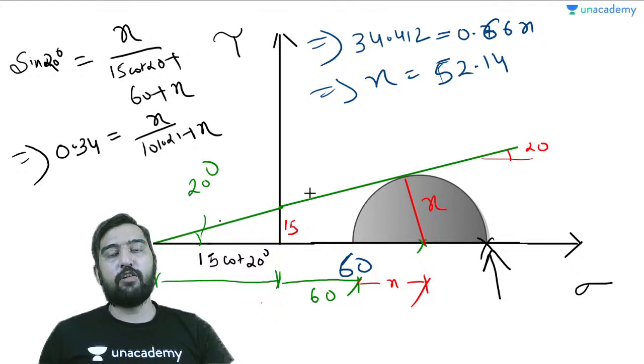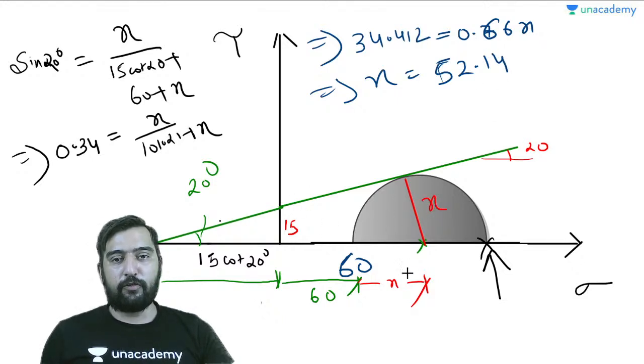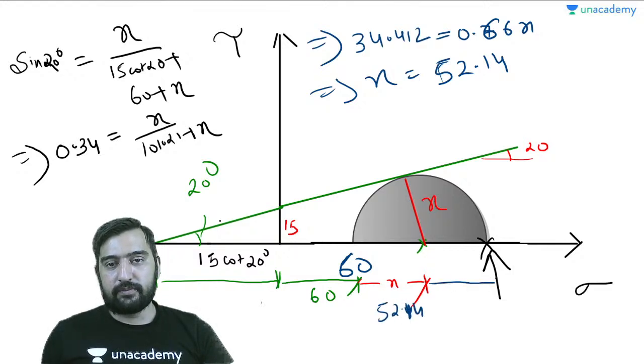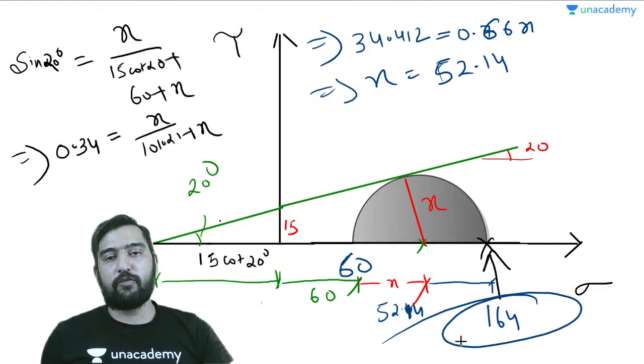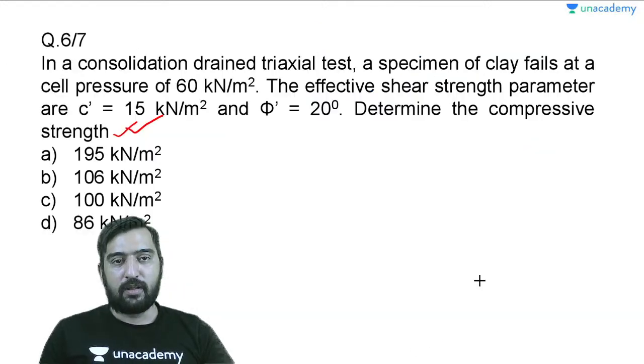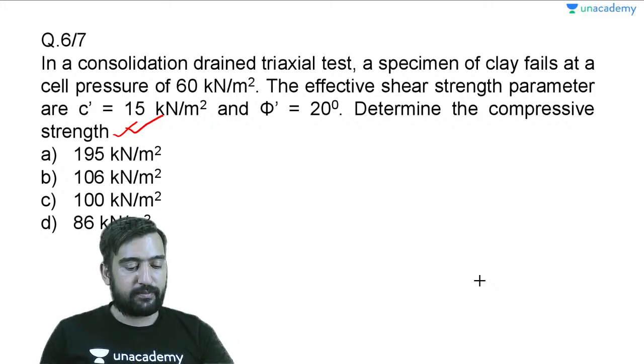If this is the value of x, then what is 2x? 60 plus 50 plus 50, 160, 164 like that, 164 point something. So 164 something like that, and here I do not think any option is matching.